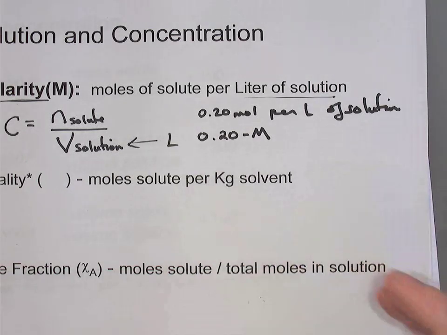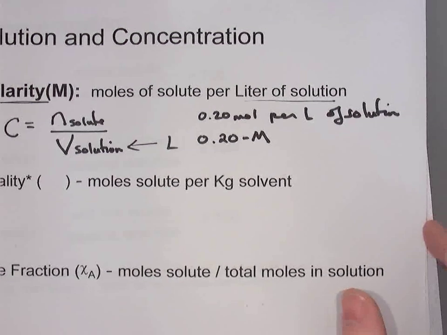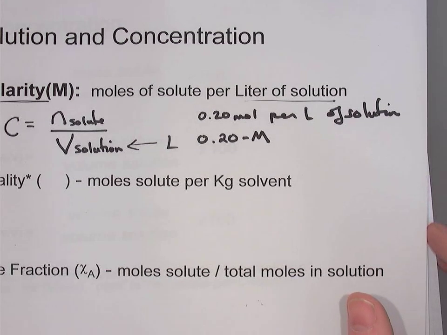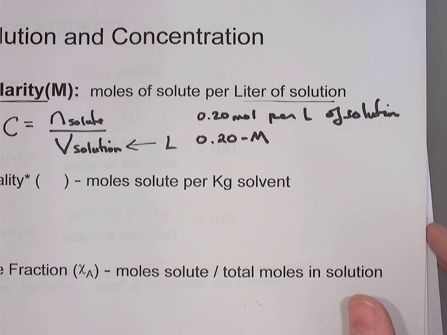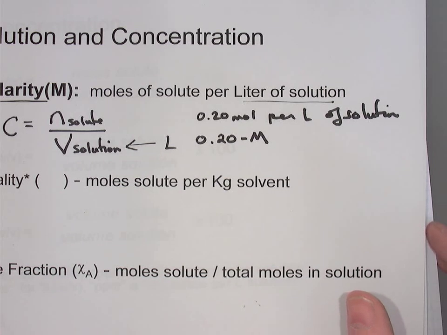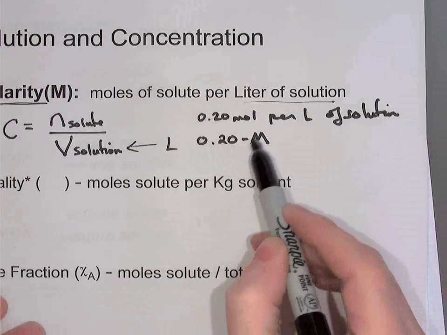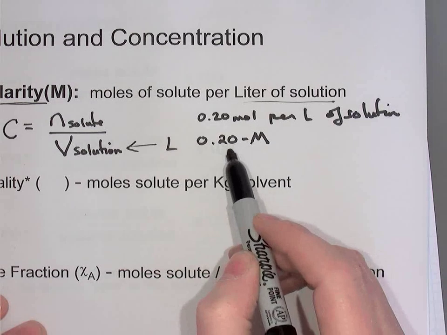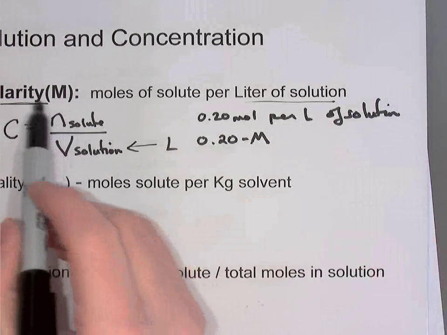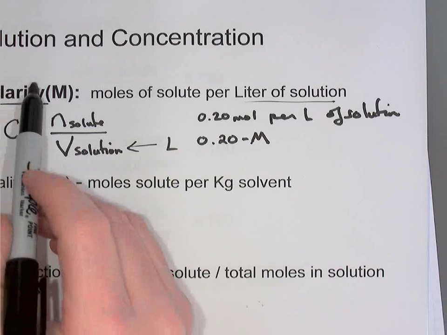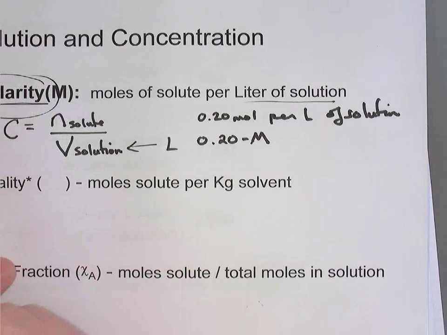In the same way that in a formula you'd use a little m to represent mass, but then you might use the letter g to represent grams, which are a unit of mass. So here, the capital M following a number like this is a unit, and when it's used as a unit, it does not mean molar mass, it means molarity.